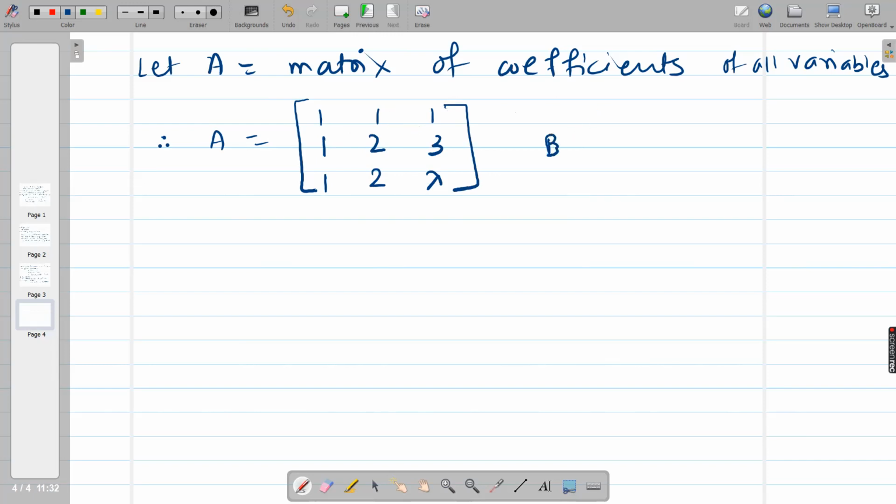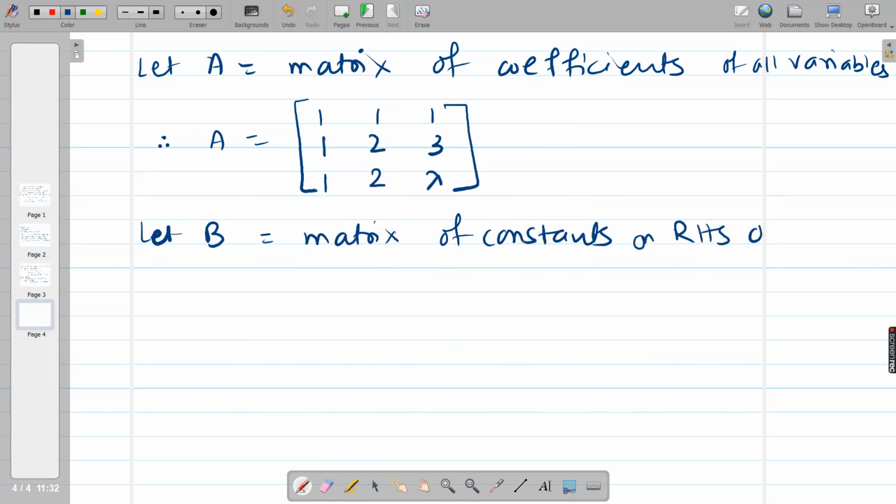Now let us consider the matrix B as the matrix of constants on the RHS of the equations. In this case, the constants are 6 for the first equation, 10 for the second equation, and mu for the third equation.